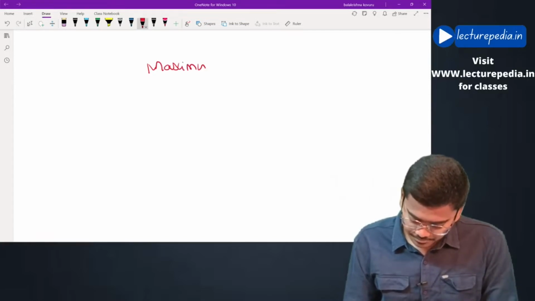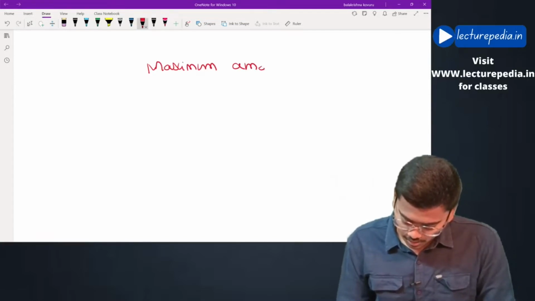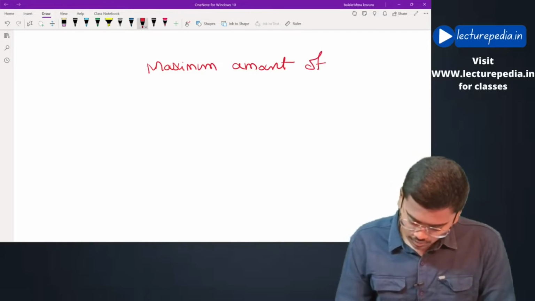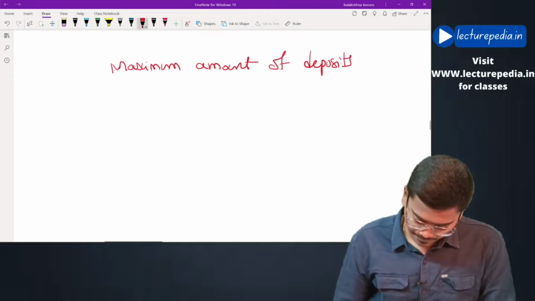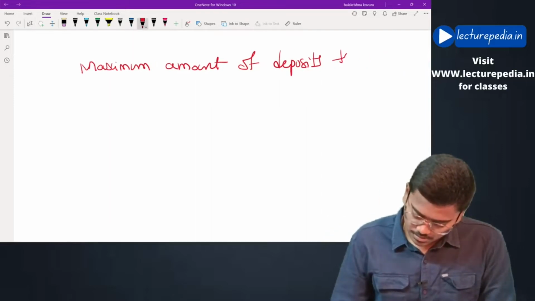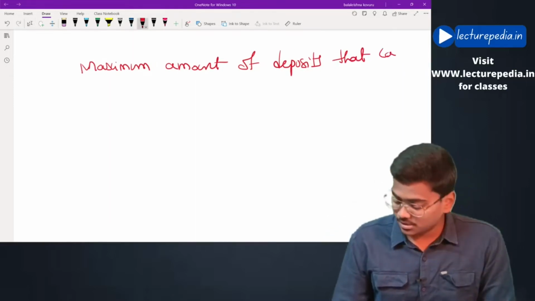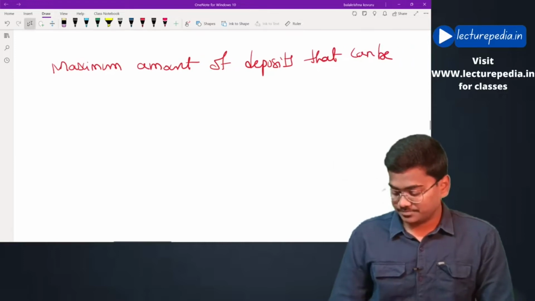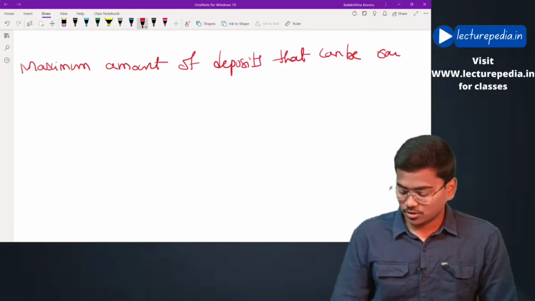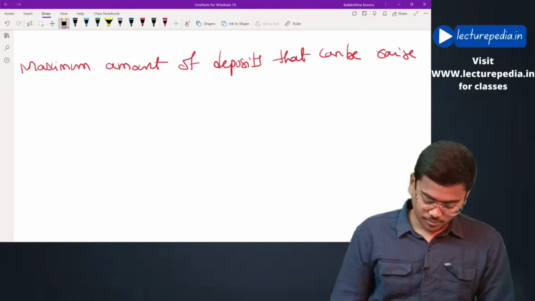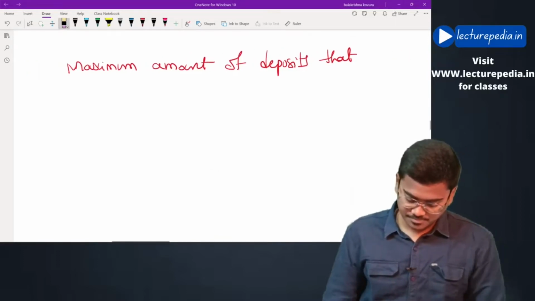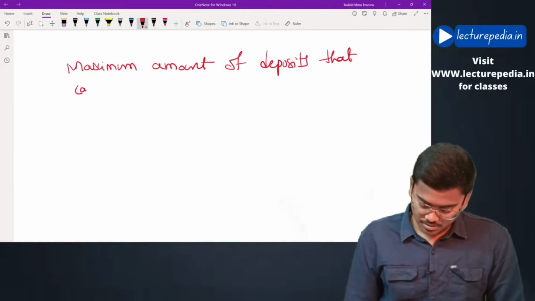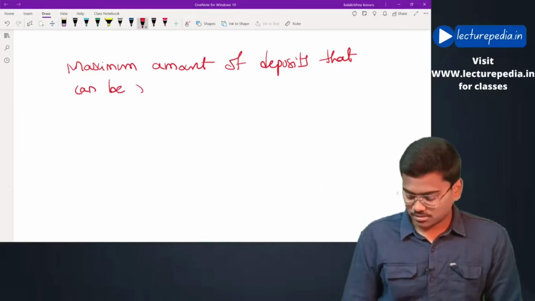Maximum amount of deposits that can be raised. What is the maximum amount of deposits that can be raised?